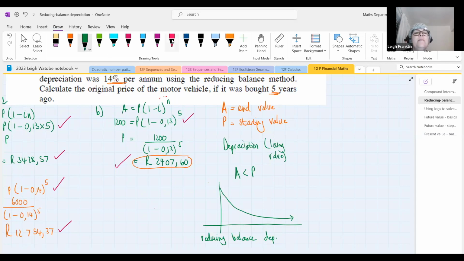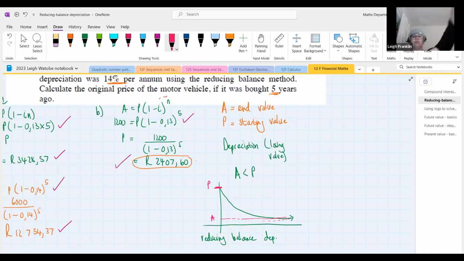In the beginning, the car's starting value is this P value over here. After it depreciates, sorry, this should be a straight line going back to the axis, it's now worth A, its scrap value. So your P value is bigger than your A value. I hope that makes sense.